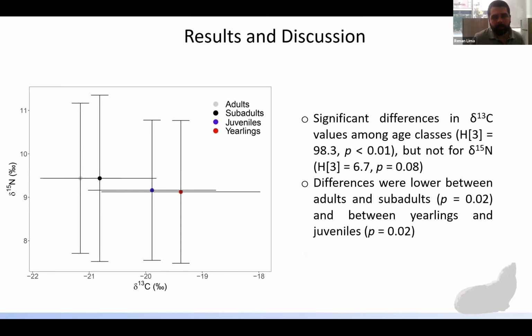So first we had to look at the differences in age classes. We found no differences in nitrogen between them, but we found differences in carbon. And since subadults and adults were more similar to each other, and their isotopic signatures were more consistent with foraging in Antarctic waters, we focused on them to perform our temporal analysis.